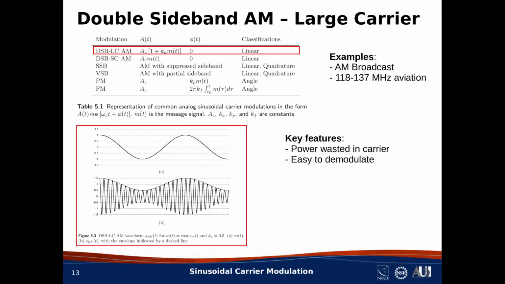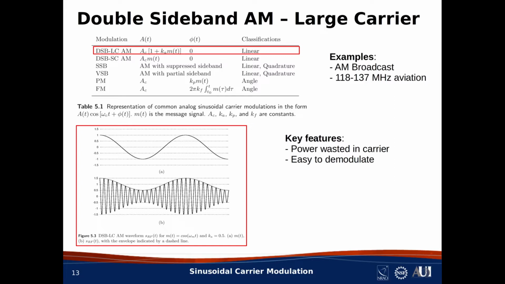And there are two things you should know about DSB-LC. First, as I pointed out, there's a lot of power in the carrier. And since the carrier contains no information, DSB-LC invests a lot of power on a part of the waveform that conveys no information. Now, you might wonder why anyone would put up with that.